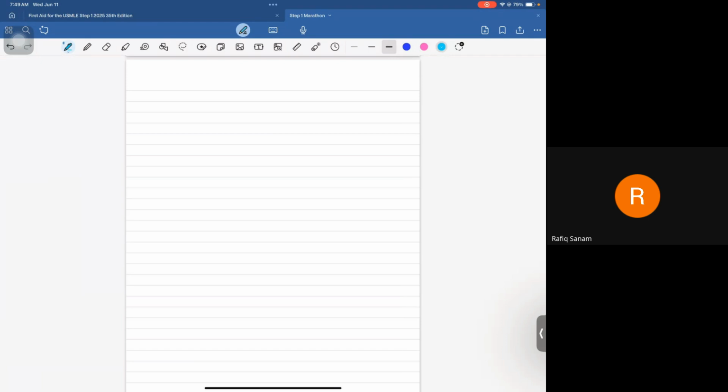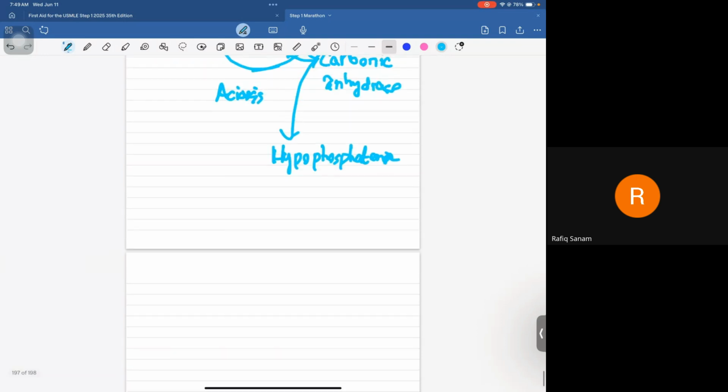Now there are a lot of things that can lead to these. Obviously, the main problem that occurs here is the hypophosphatemia. Why is this so important? Because this usually happens in children. There are a lot of reasons for it.